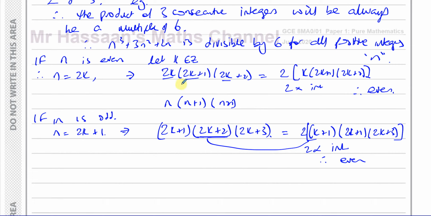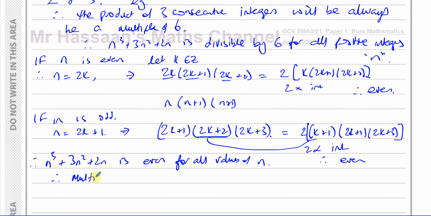So we can show that for every even number and every odd number, when you put that into this expression, you end up with an even number. Okay, so therefore we can state from this that n cubed plus 3n squared plus 2n is even for all values of n, therefore it's a multiple of 2 for all n values.